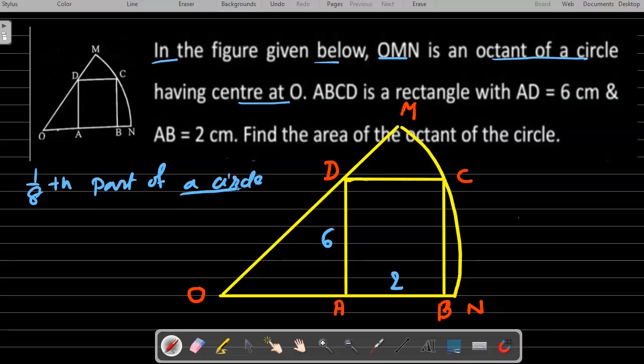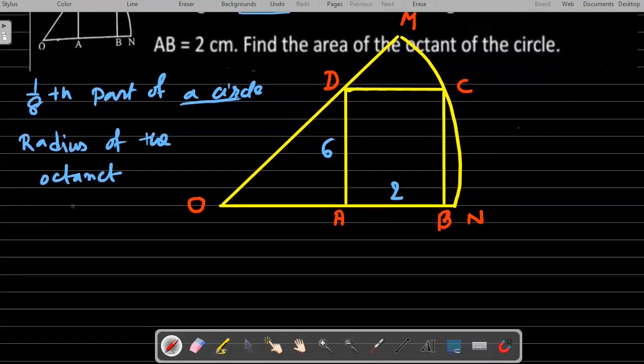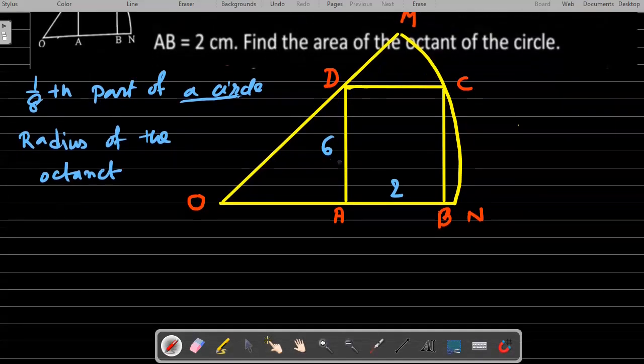So what do you have to do? The first thing is to find the radius of the octant, or radius of the circle. Let's find it. Now you see in this figure, this is 6. This is an octant, so what is this angle?